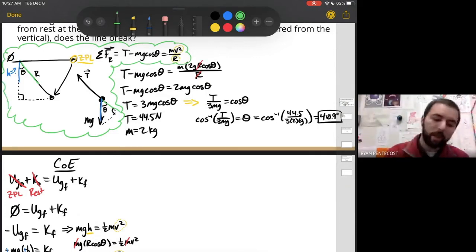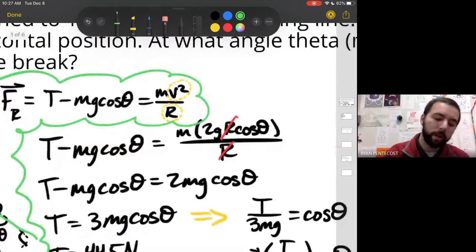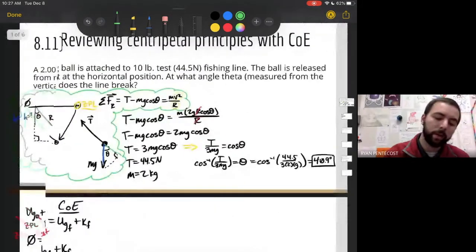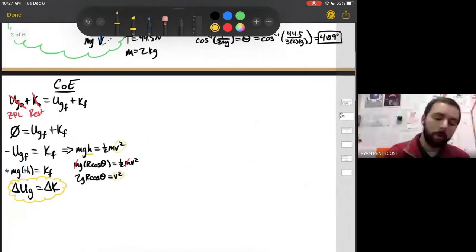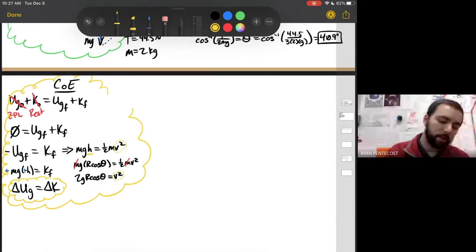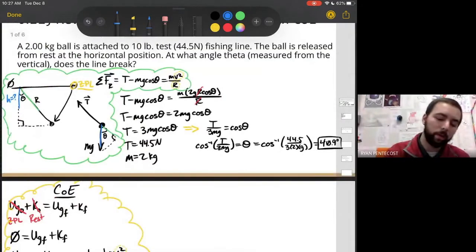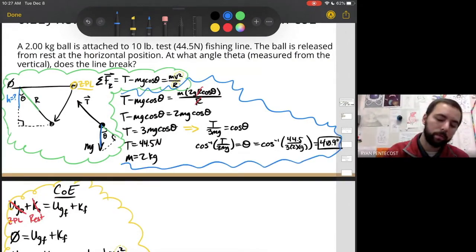Then we ran into that hiccup, right? v squared over r we did not have. So we came here. This was step 2. We used conservation of energy to get that v squared, and then we plugged it in here for step 3, right? So this was a 3-step process.